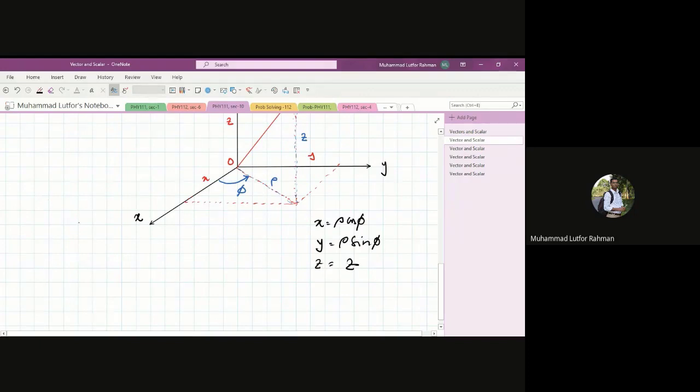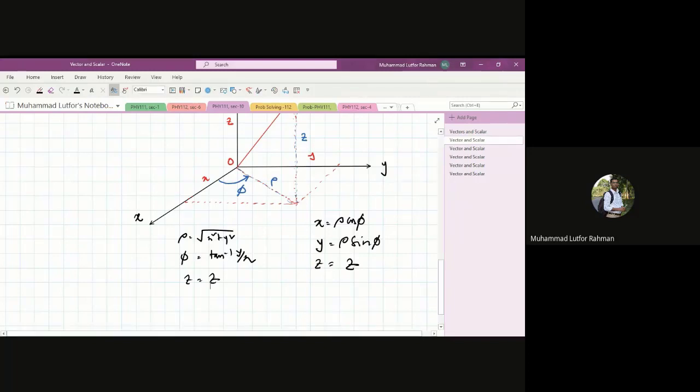And in that case, you can also find out the values of rho, phi, and z. So rho would be root over x square plus y square, phi would be tan inverse y by x, and z would be z. These are the variables in the case of the cylindrical coordinate system.